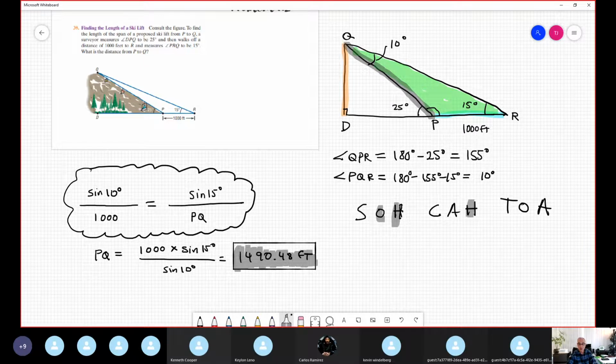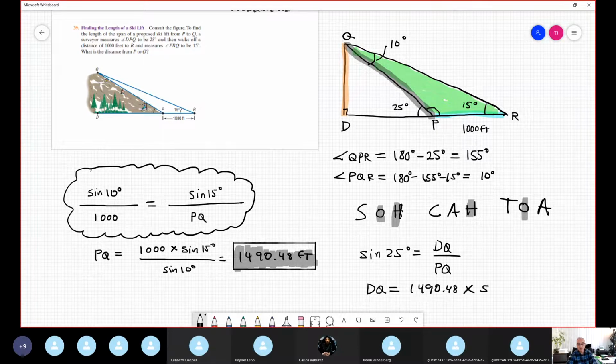It's obvious that sine works here. Sine 25 degrees is the ratio between DQ and PQ. Therefore, DQ alone is PQ, which is 1,490.48 feet, multiplied by sine 25 degrees.